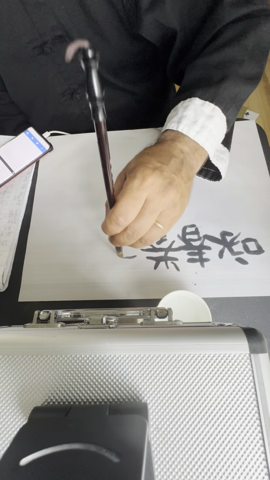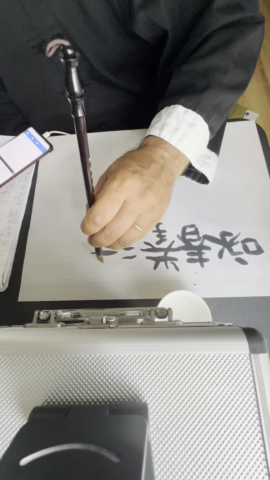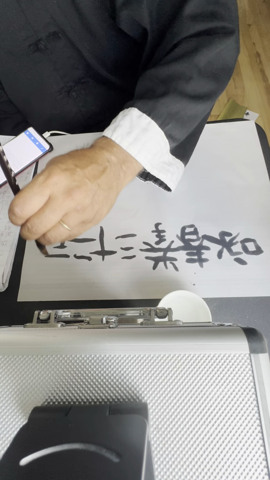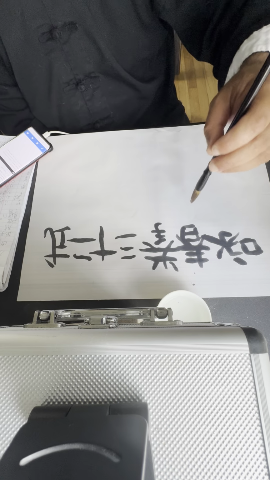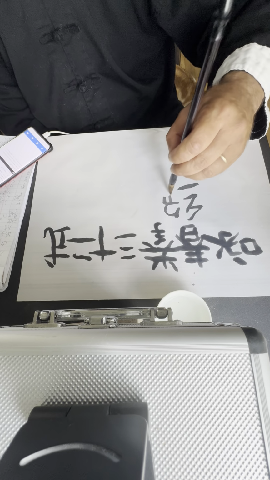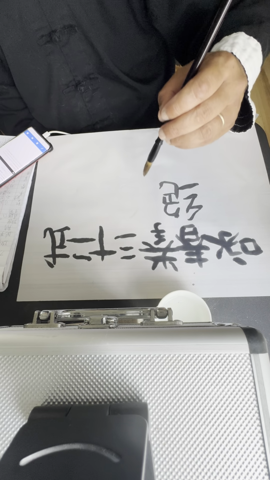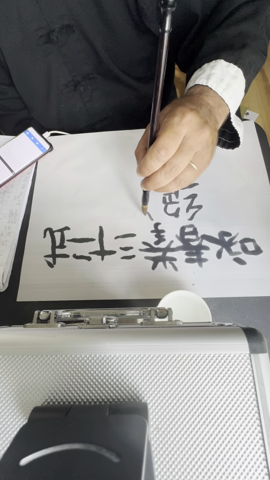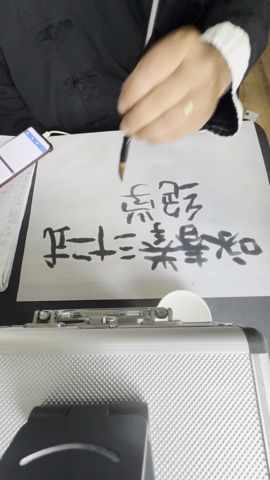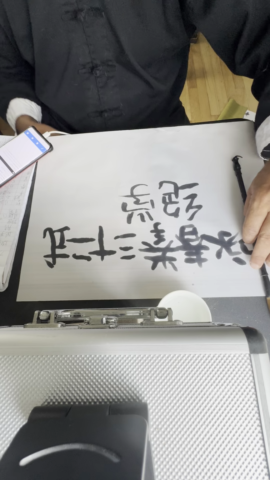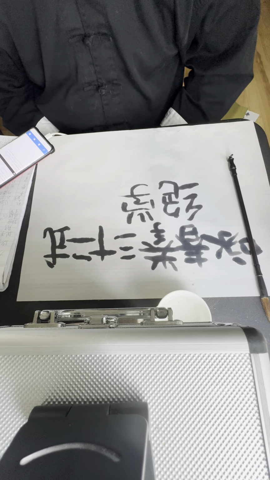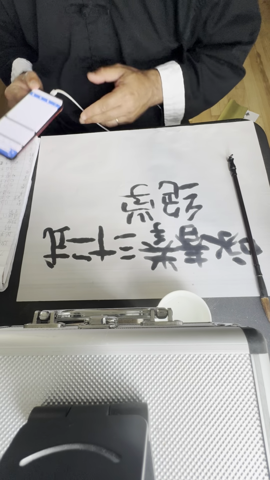So it's 3、12、4、绝、学、绝. So it means 32 techniques for the Wing Chun form.